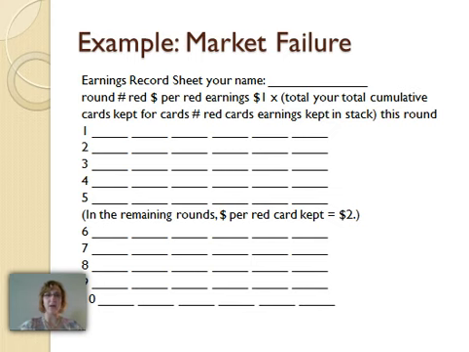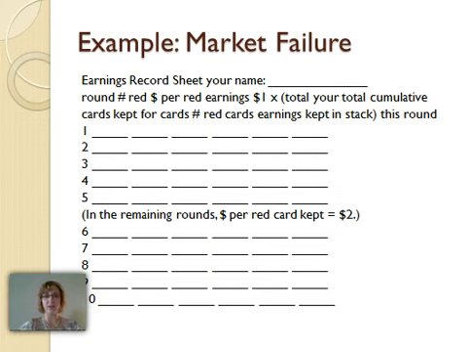So, a simple card game. Each student gets 4 cards, 2 red, 2 black. Only the red cards have value. Each card is worth $4 if they keep it, and then I go around and collect 2 cards from each person. So they can give me their black cards, which are worth nothing, or they can give me both red cards, and each red card is worth $1. That goes into the kitty, or collective.